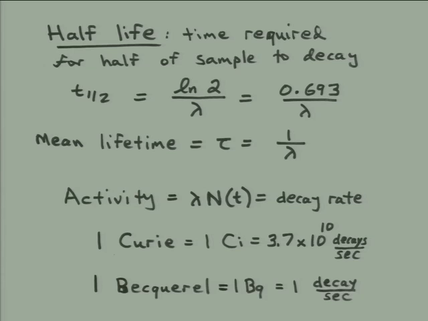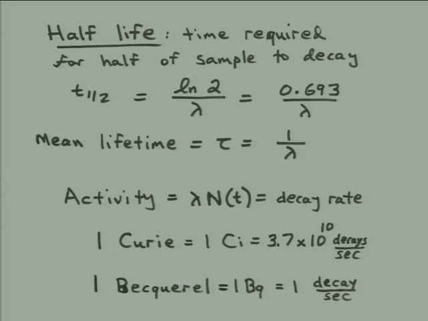What I mentioned but didn't define very carefully last time was the idea of a half-life. We'll use decay constants and half-lives to both represent the rate at which a radioactive species is decaying. The half-life is defined to be the time required for half of a sample of a particular radioactive isotope to undergo decay.